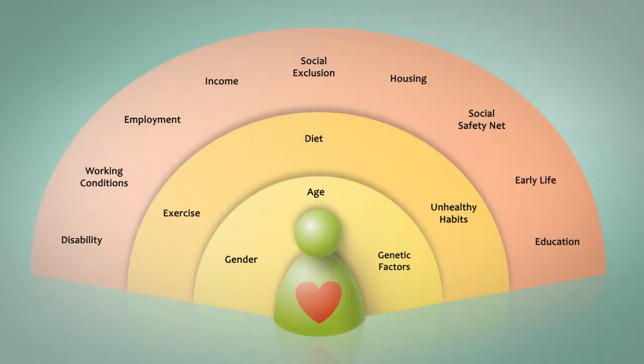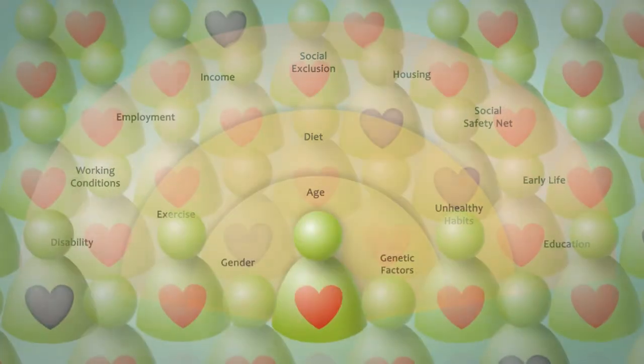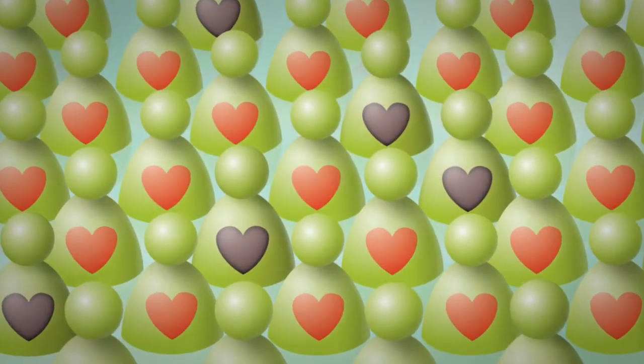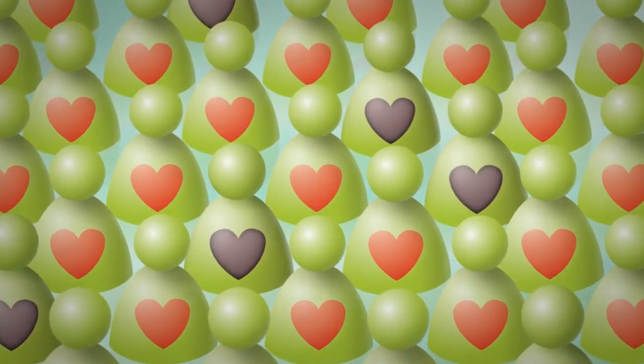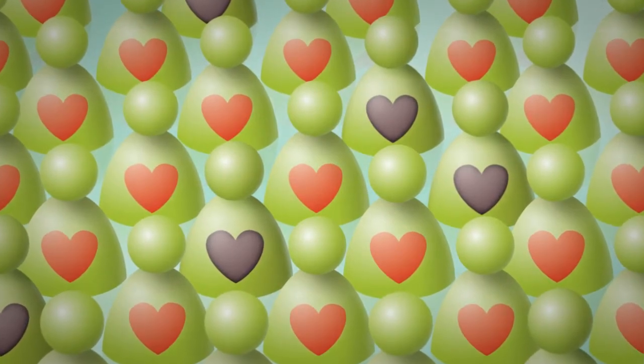As you can see, many complex social processes and other factors are connected with one another to affect our health. Studying how these factors work together in large populations is a challenge for researchers, and that is what we would like to look at next.